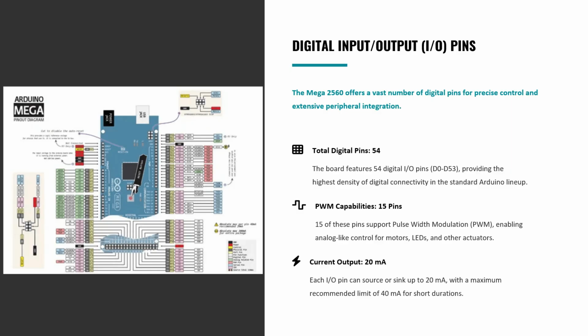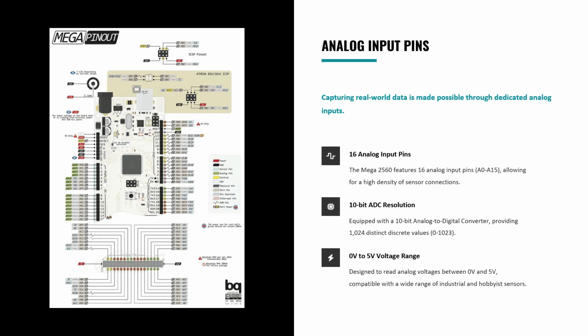Analog input pins. The Arduino Mega also provides 16 analog input pins, labeled from A0 to A15. These pins are used to read analog signals from sensors such as temperature sensors, gas sensors, light sensors, and pressure sensors. Inside the microcontroller, there is a 10-bit analog-to-digital converter, or ADC.